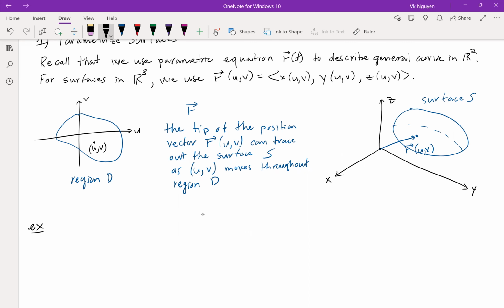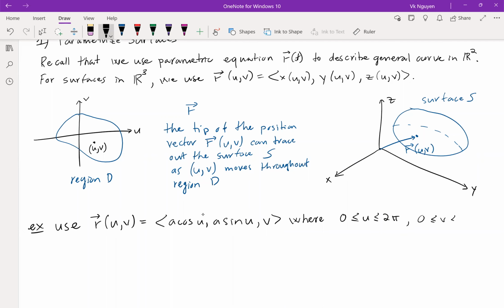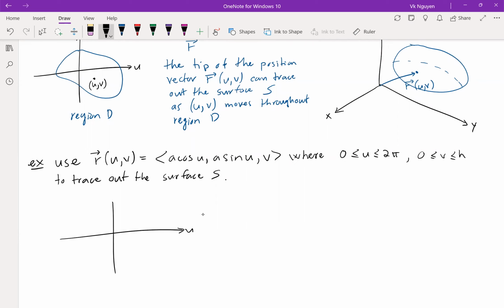Use the vector function r(u,v) equal a cosine u, a sine u, and v, where 0 less than or equal to u less than or equal to 2 pi, 0 less than or equal to v less than or equal to h, to trace out the surface as (u,v).